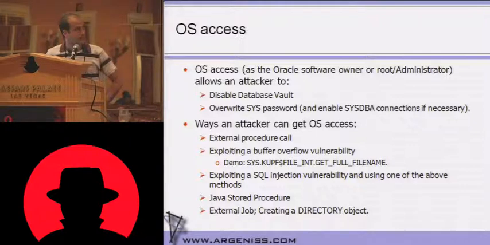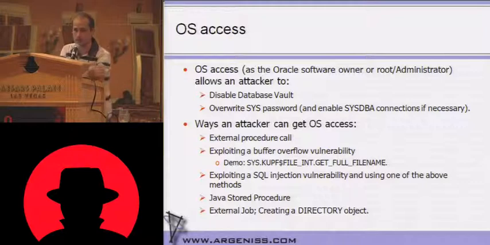Once we can get this kind of access, that would typically be the Oracle software owner, the Oracle user, or the system user in Windows, we will be able to disable Database Vault or to overwrite the sys password and enable SYSDBA connections if they were blocked. As we saw, the orapwd tool can be used to do that.